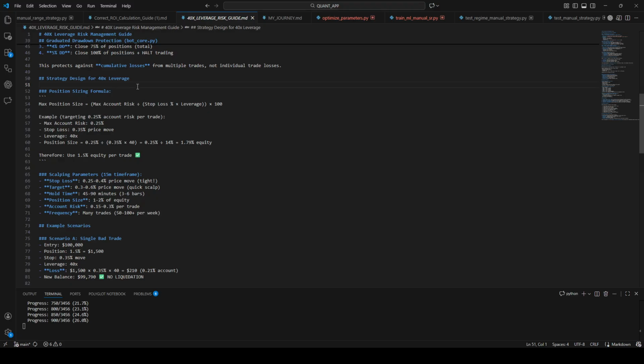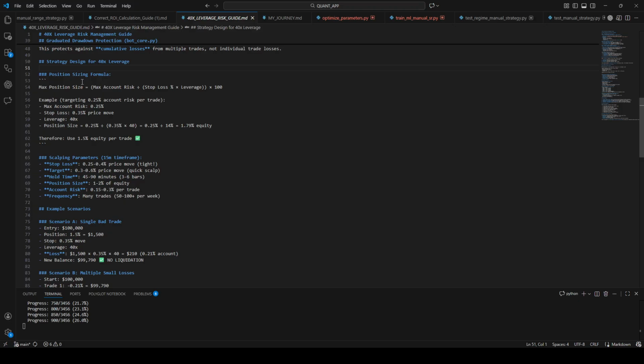So the strategy design, position sizing formula. This is pretty basic: max account risk divided by the stop loss times the leverage times 100.